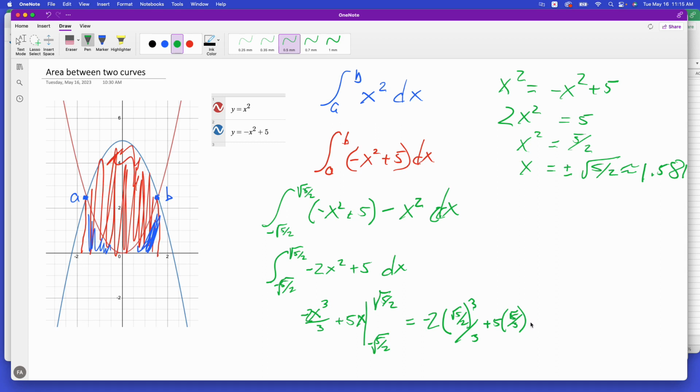And then minus negative 2, let's see here, square root of 5 over 2 cubed over 3 plus 5 times negative root 5 over 2. Okay, there we go.